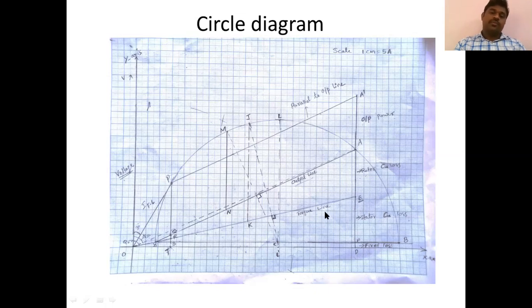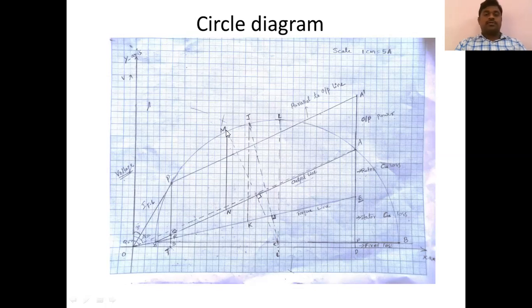Then we have to find the maximum power and the maximum torque. To get the maximum power, you have to draw a perpendicular line to the output line from the center point, and extend that line.